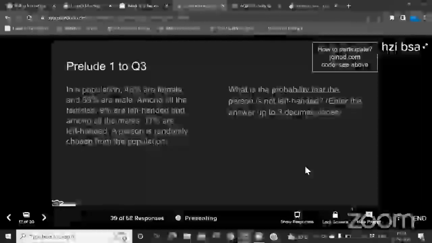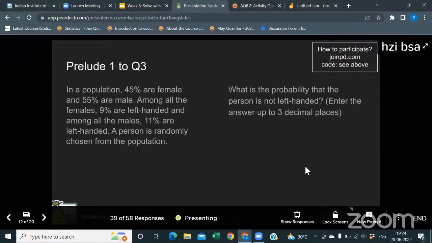Which method is applied here? Sir, I have applied the tree method. Anyone else? The law of total probability. Yeah, that is right.